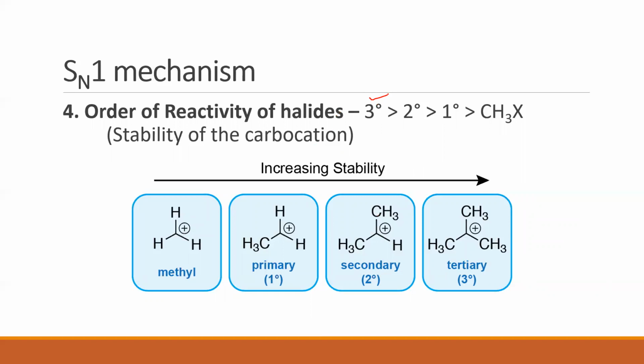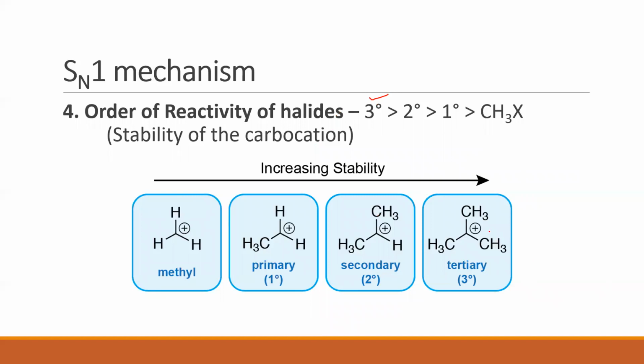Now, why is this order seen? This order is seen because this mechanism involves formation of a carbocation. Yes, of course. The first step involves formation of a carbocation. Now, if the first step involves the formation of a carbocation, naturally, we will look at the stability of the carbocation.